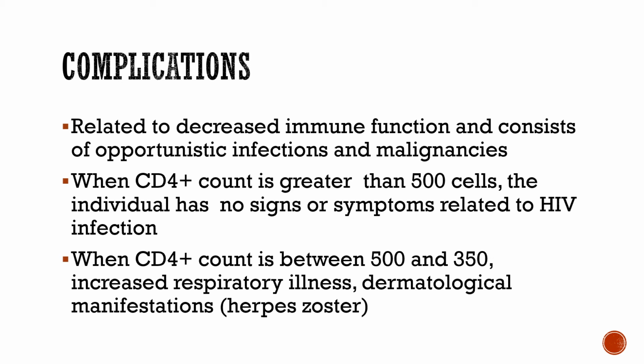So we need the CD4 count to remain greater than 500 and the viral load to be low. When the CD4 count is between 500 and 350, there may be increased respiratory illness, dermatological manifestations, such as herpes zoster.